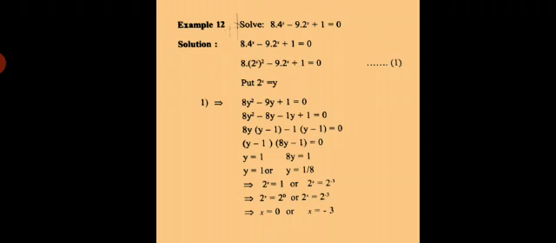So it will become simply 2 raised to minus 3. Okay, 2 raised to 3 is 8, so there is a minus term, so it will come down only. Now after comparing its powers, you get the value of x. x is equal to minus 3.